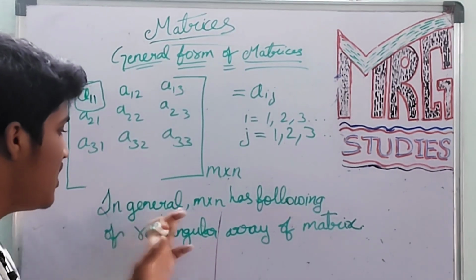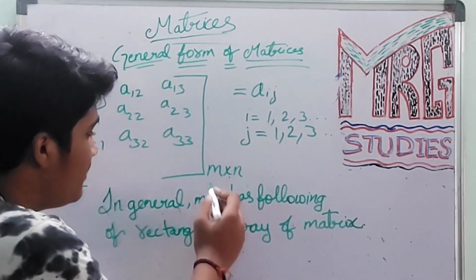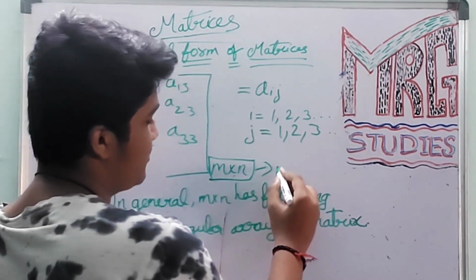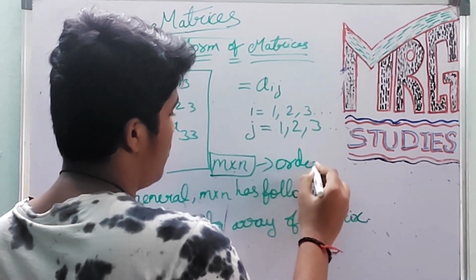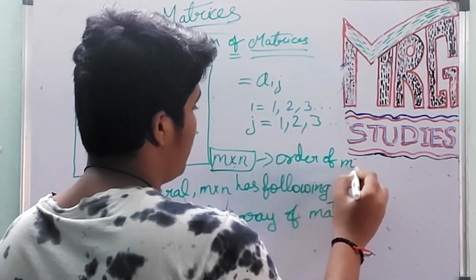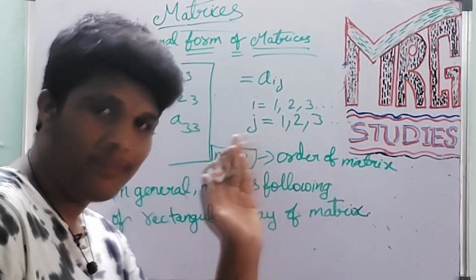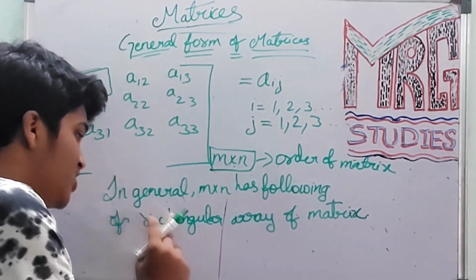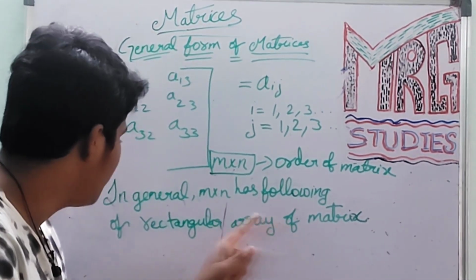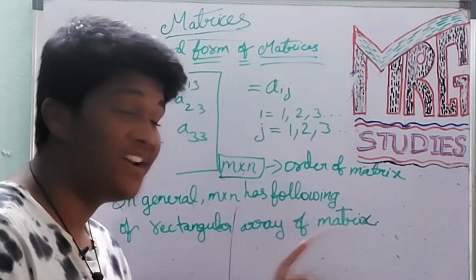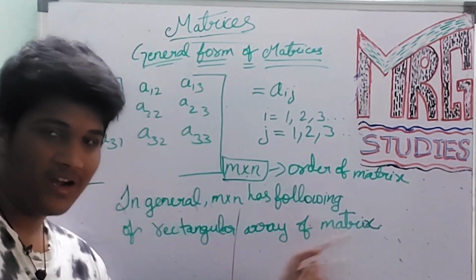In general, m into n means the order of the matrix, friends. It is the order of the matrix. In general, m into n is the following rectangular array of a matrix.